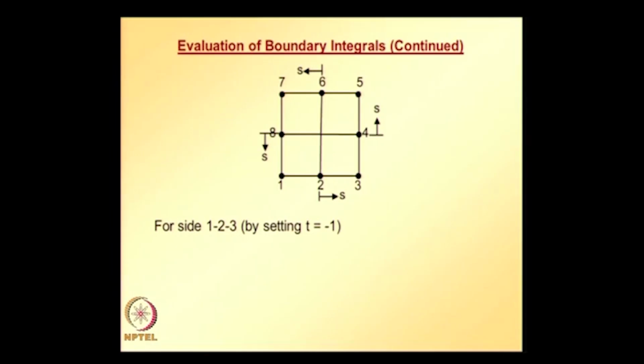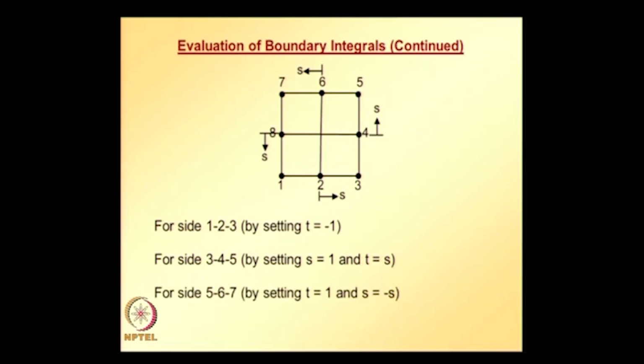In those expressions, substituting t is equal to -1 for side 1, 2, 3, similarly substituting s is equal to 1, t is equal to s for side 3, 4, 5, and for side 5, 6, 7 setting t is equal to 1, s is equal to -1, and for side 7, 8, 1 setting s is equal to -1, t is equal to -s, we get expressions for the shape function vector along each of the 4 sides.